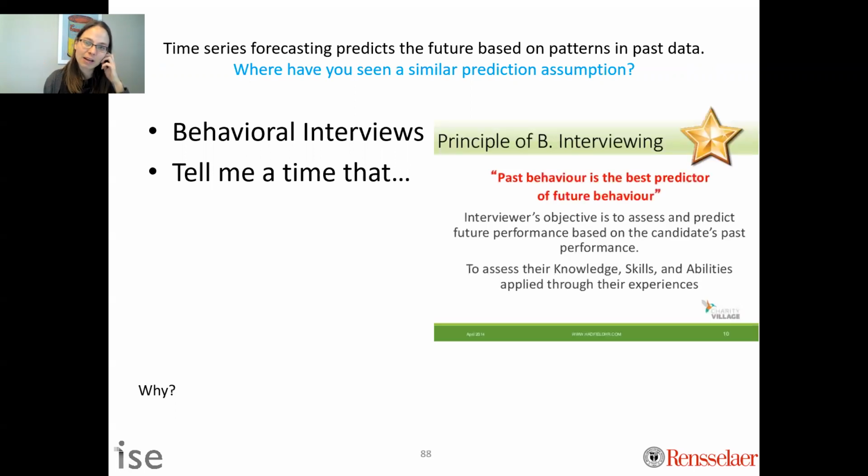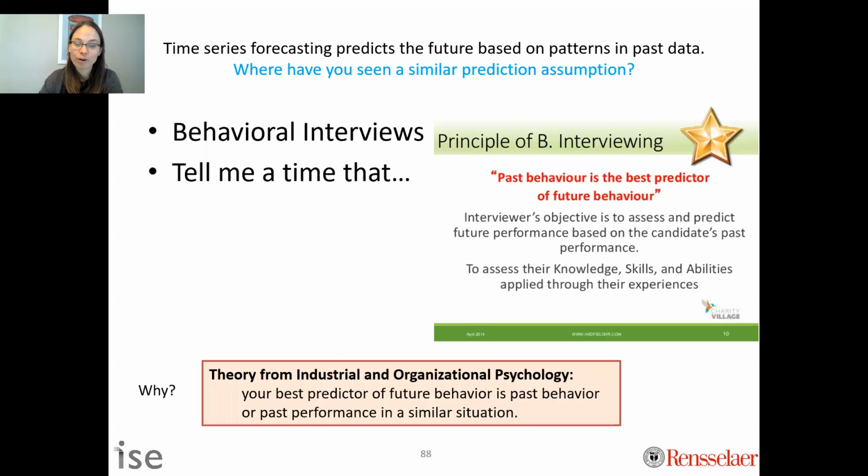It's because one of the principles of interviewing, a theory from industrial and organizational psychology, is that the best predictor of future behavior is past behavior. They're basically using a time series forecast. They're saying, tell me a time in the past, and if you did something in the past, we assume you'll have similar performance in the future. So when you go on these interviews, they're basically time series forecasts.